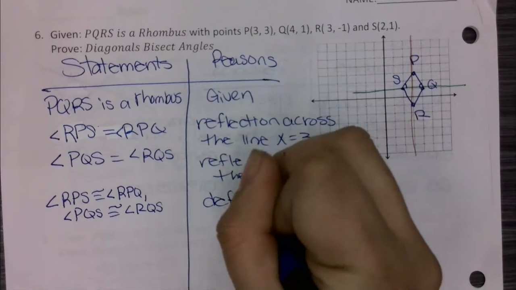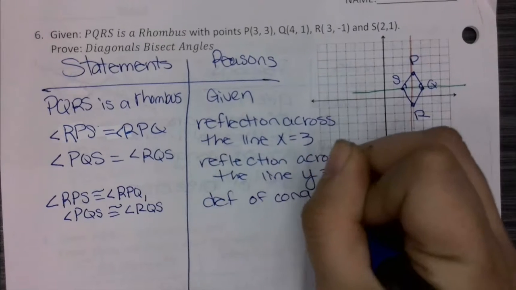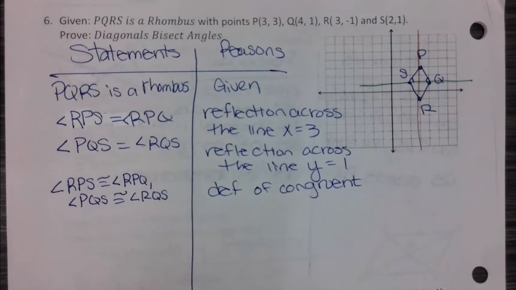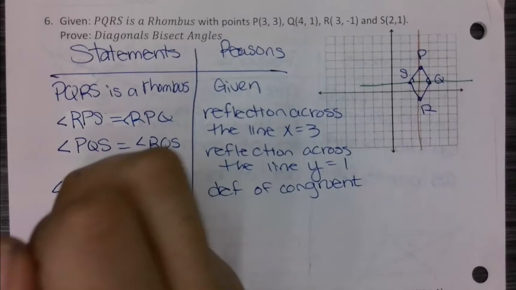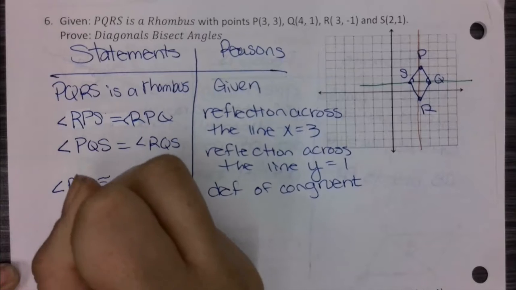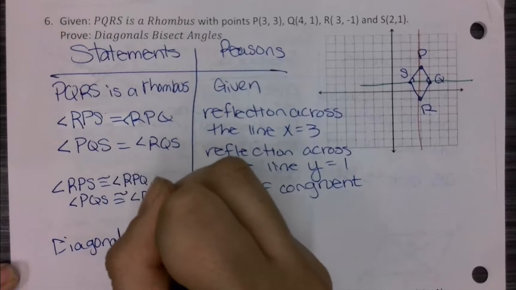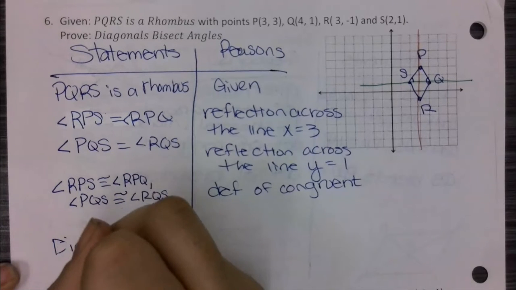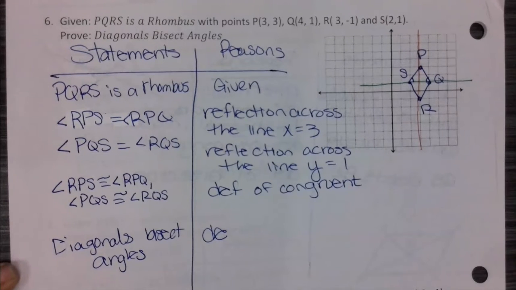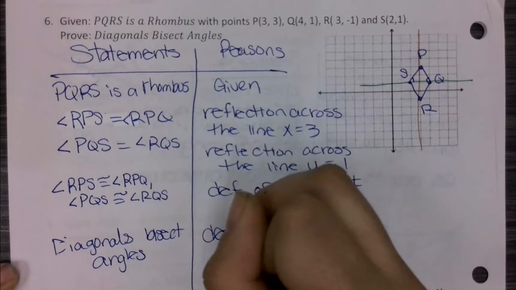This would be definition of congruent. And then I could say diagonals bisect angles. Definition of bisector.